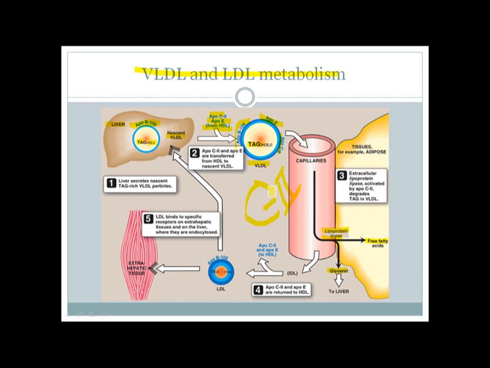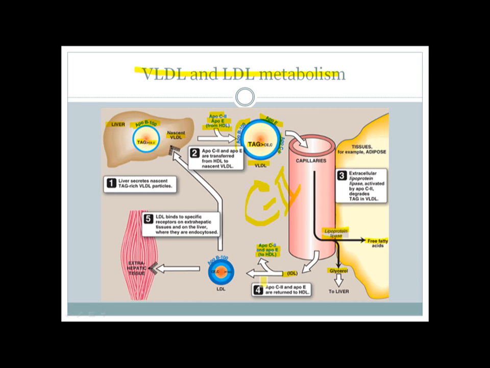So again, ApoC2 helps you to cut down the triacylglycerol into two parts, and then VLDL will be converted to IDL, also known as intermediate density lipoproteins. The IDL will then transfer the ApoC2 and ApoE back to HDL with thanks.